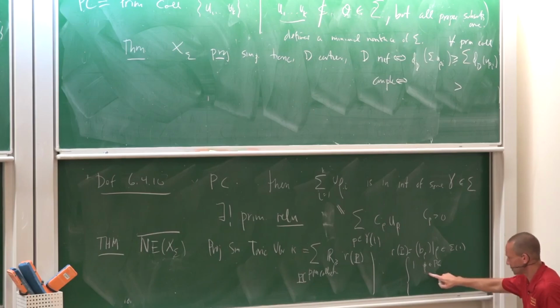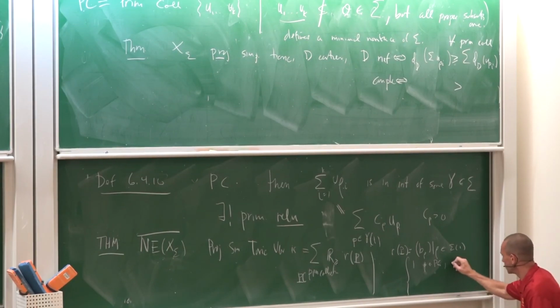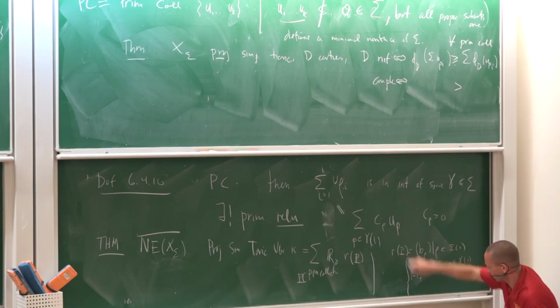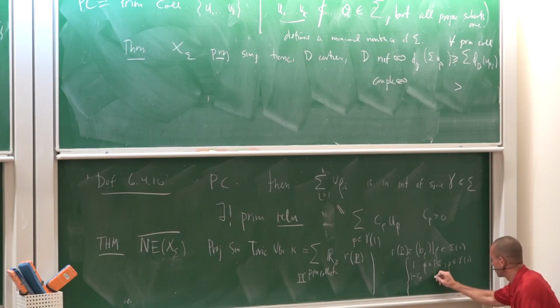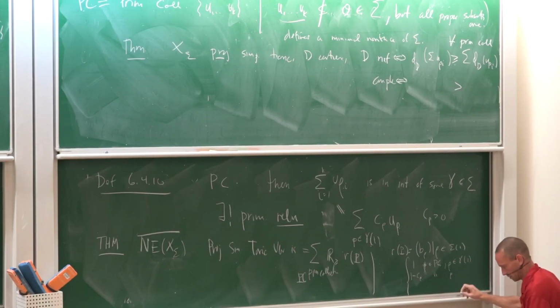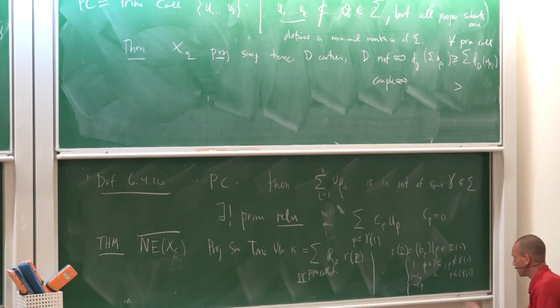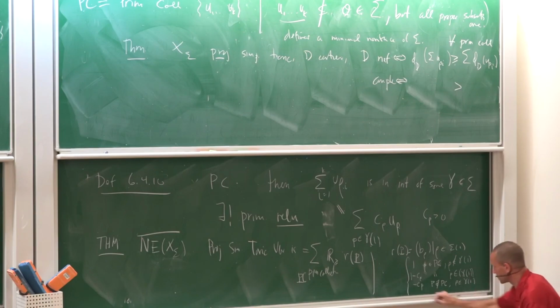It's 1 minus c_rho if rho is in the primitive collection and rho is in gamma(1). It's minus c_rho if rho is not in the primitive collection, but is in gamma(1). And finally, it's 0 otherwise.